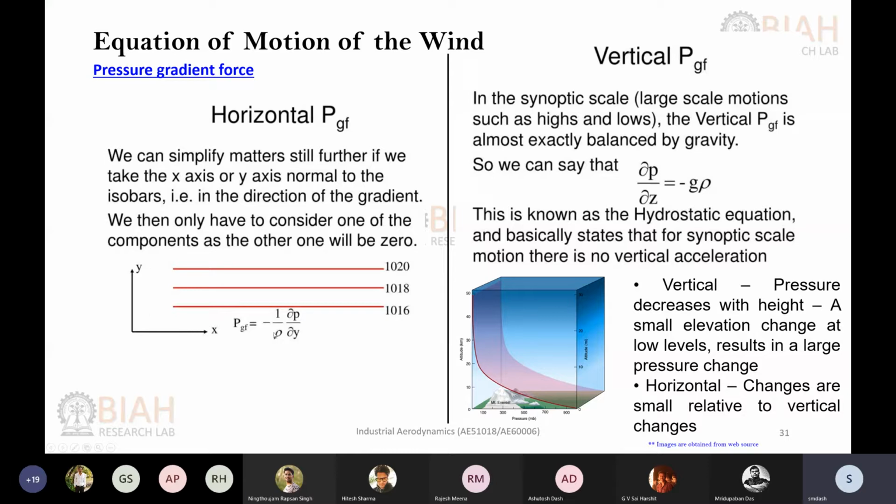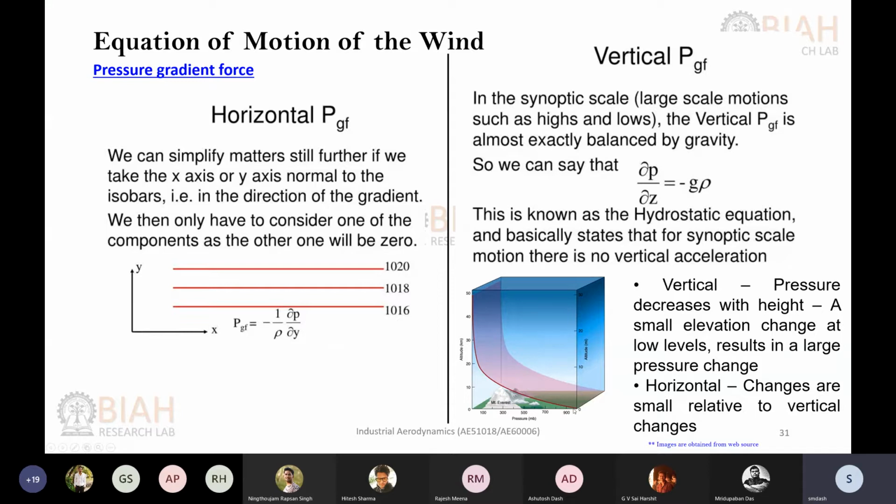Then the pressure gradient force simplifies to only y in this type of pressure distribution. So this is the horizontal pressure gradient, which includes the partial derivative with respect to x or y.